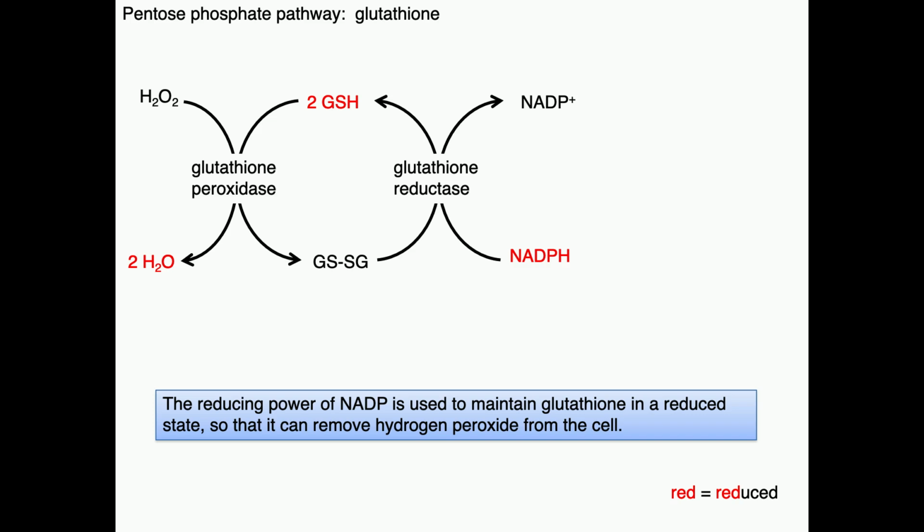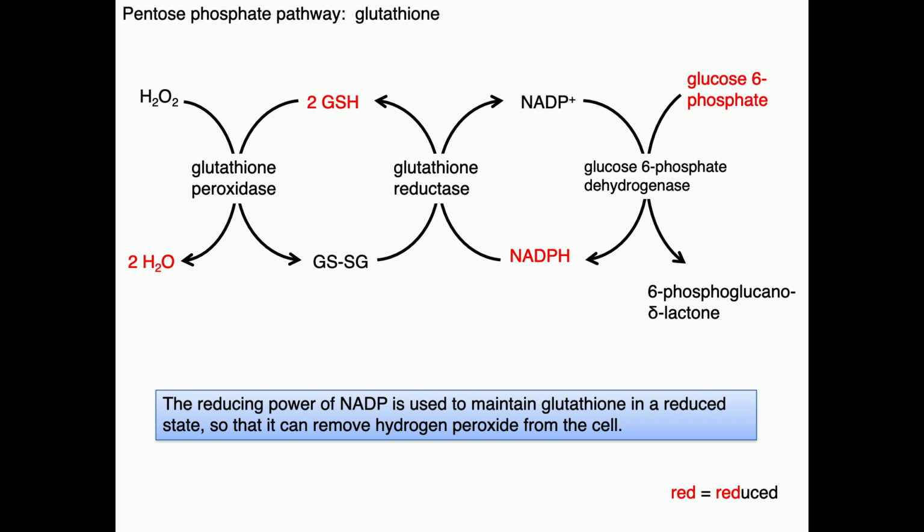This depends on the reducing power of NADPH generated by the pentose phosphate pathway oxidative phase. Okay, so we also have the gluconolactone dehydrogenases, which would also be up here making NADPH. Okay, so this is just illustrating the importance of the pentose phosphate pathway in antioxidant defenses.